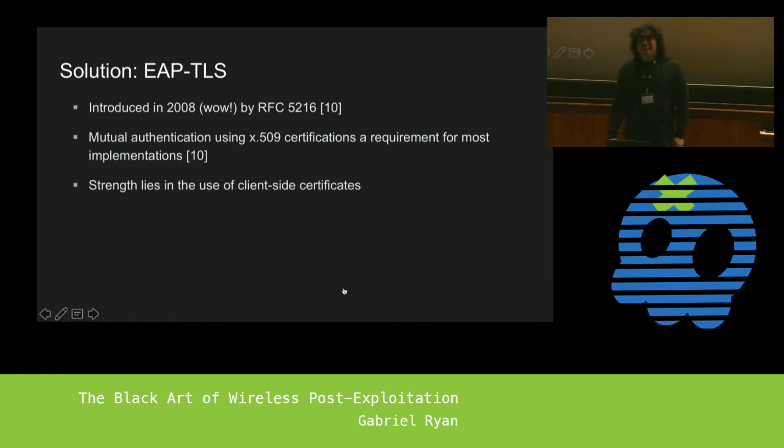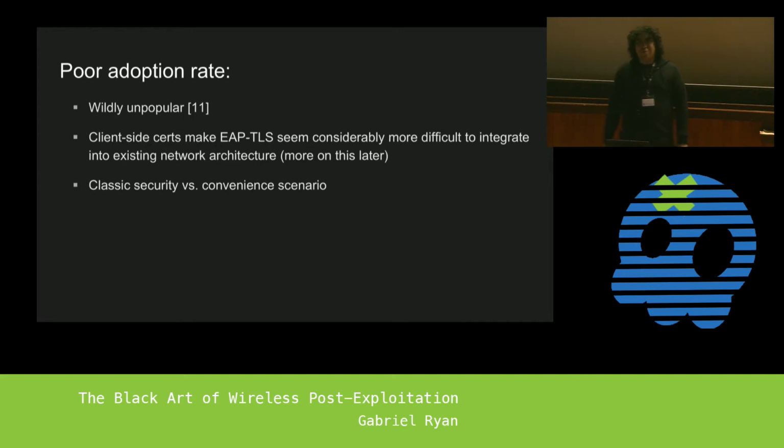The mitigation for this was also introduced in 2008, very quickly. It's called EAP-TLS, and it uses mutual certificate-based authentication for the outer layer of EAP authentication. By doing this, it manages to stop the initial evil twin attack completely in its tracks, so it completely resolves this issue. Unfortunately, it had a really poor adoption rate.